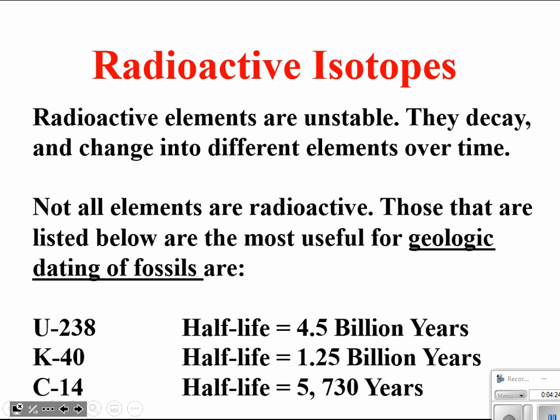It has a half-life of 5,730 years. So when we talk about the definition of the half-life, that is the amount of time it takes for the unstable radioactive element to become the more stable element. It takes that many years for half of that to occur.